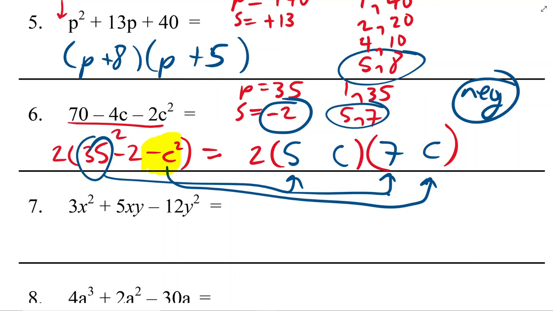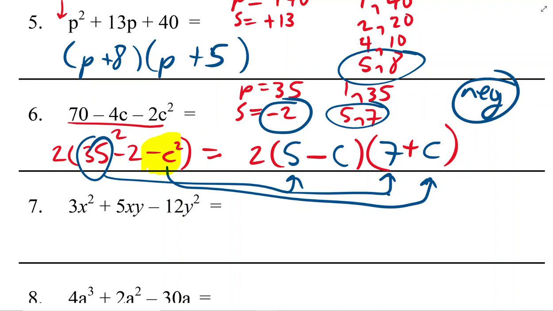So in order for the 7 to be negative, it must multiply by negative c. So you have to be a detective to figure out where your negative sign belongs. That's going to give me negative 7. The other one now is positive, which will give me a plus 5. And now I have my answer. Whenever you have the numbers first, you got to guess and check with the signs to figure it out.